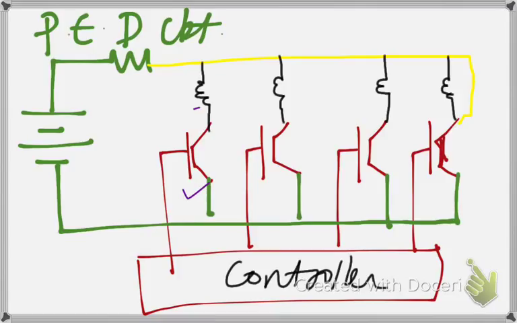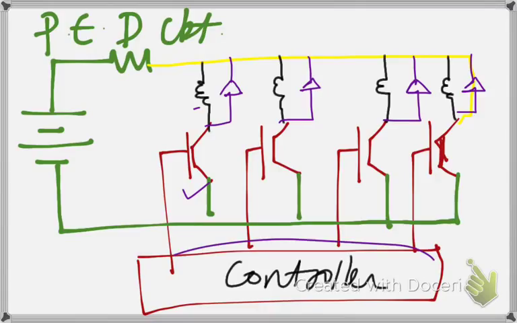In order to eliminate that problem, we connect a freewheeling diode across each winding. So when the switch is turned off, the current left over in the inductor uses the freewheeling diode as a path of dissipation. So this is how the power electronic drive circuit works in the control of a stepper motor.